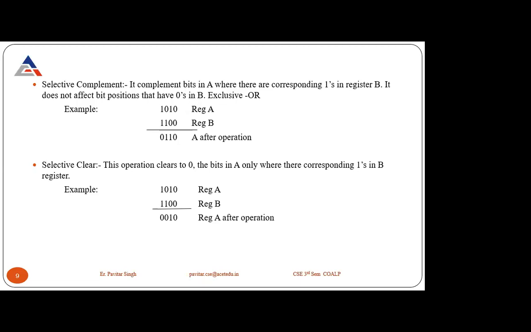For 0 it will be 0, that is the same bit. For this one it is already 0, so 0 will be copied here. For this 0 the same bit will be written, that is 1. You need not change the bit value of A where there is 0 in B, right? For this one again you have to clear it. So this is your answer, 0, 0, 1, 0.